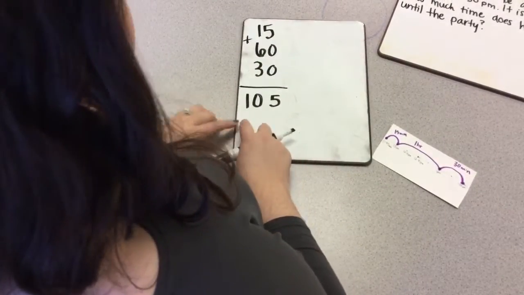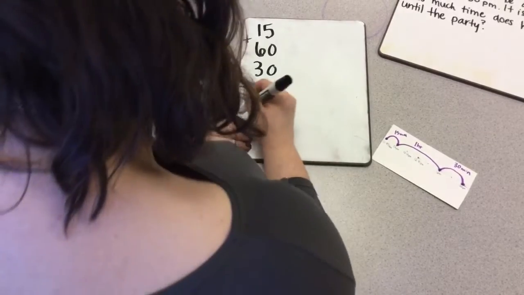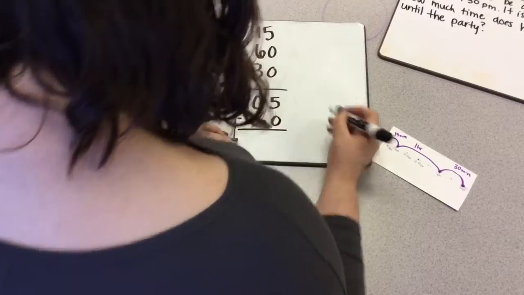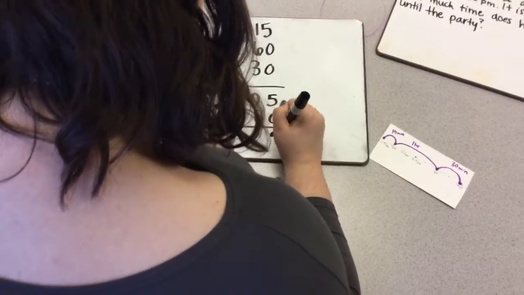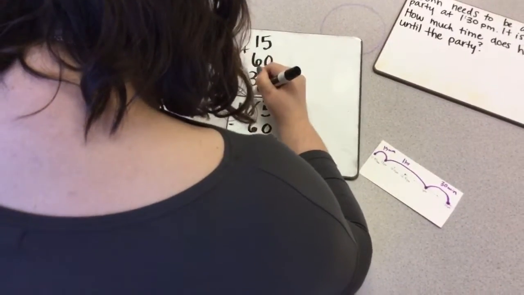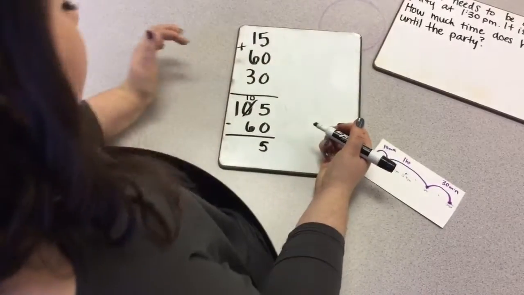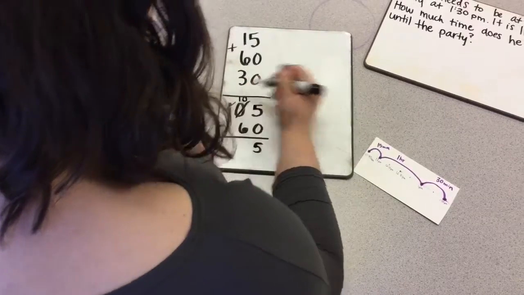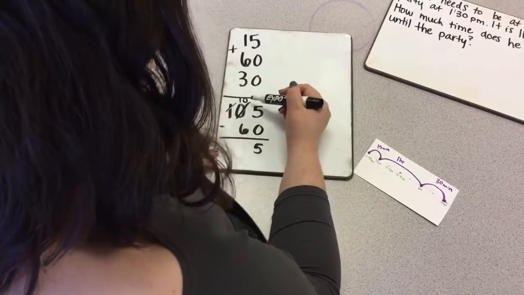So 105 is greater than 60, so we can take a 60 out. So we're going to subtract 60 now. 5 minus 0 is 5. We have to regroup within the subtraction, so we had to take away a 10 or a 100 and put it in the tens.